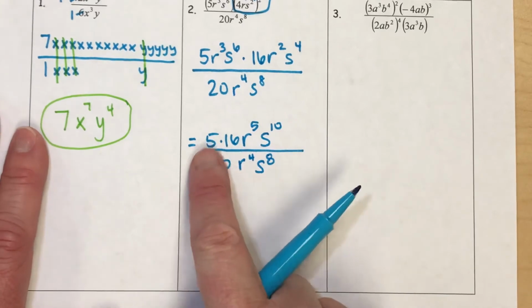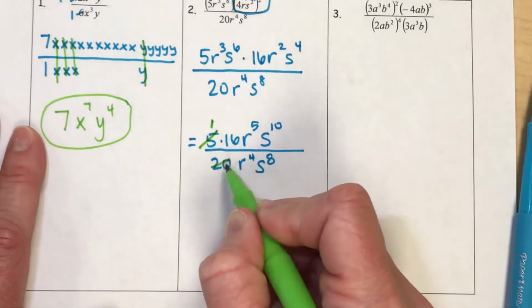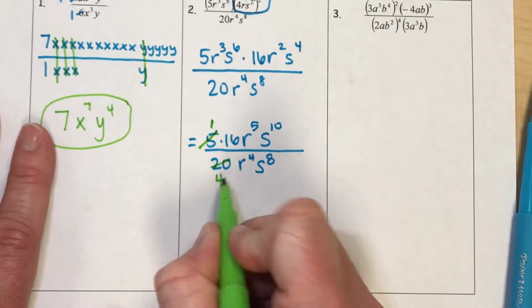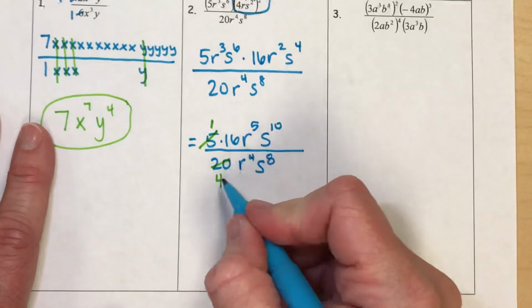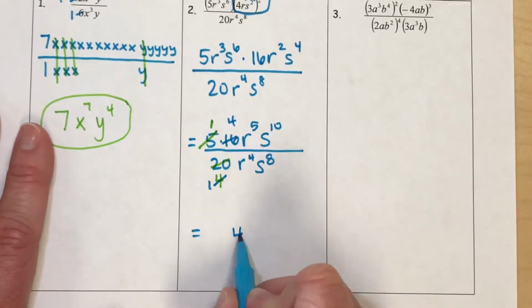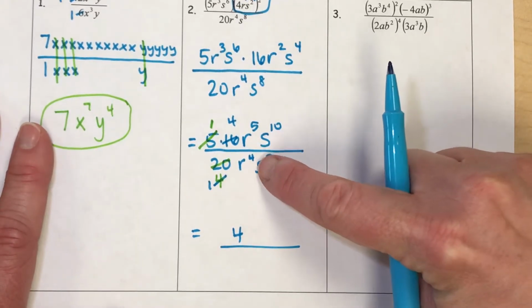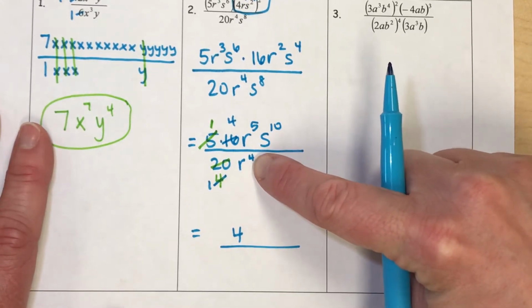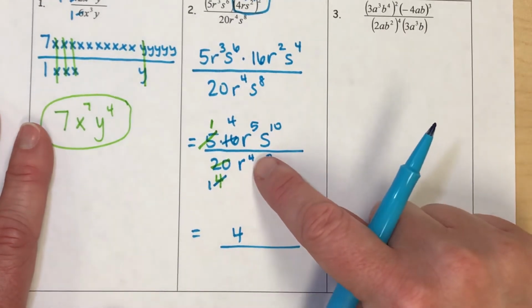20 and 5, I can do some canceling here. 5 goes into 20 4 times. And I also see that 4 and 16 can reduce. So this actually goes away, and I'm left with just my numbers, I'm left with 4 in the top. Now, 5 r's in the top, excuse me, not s, and 4 r's in the bottom.